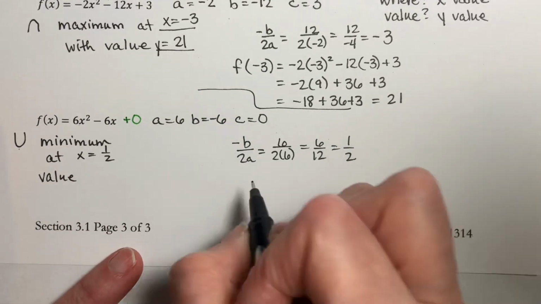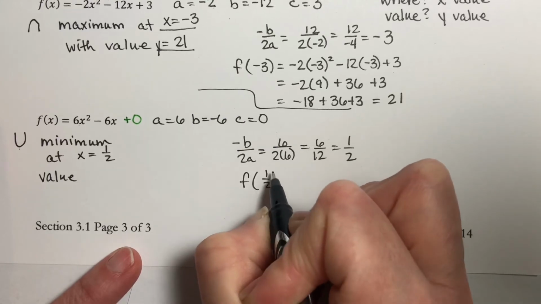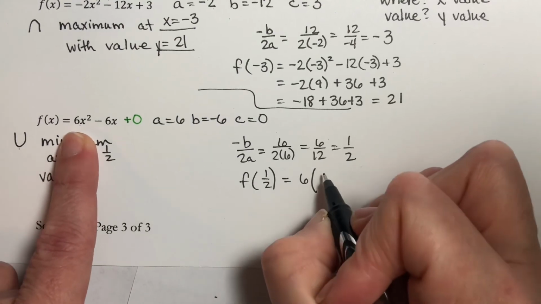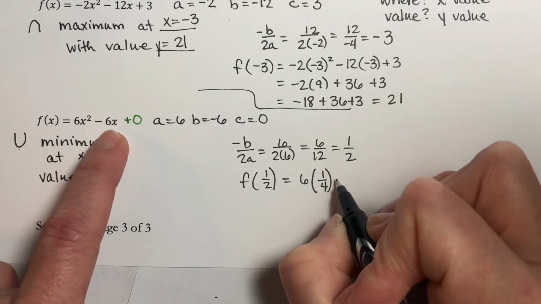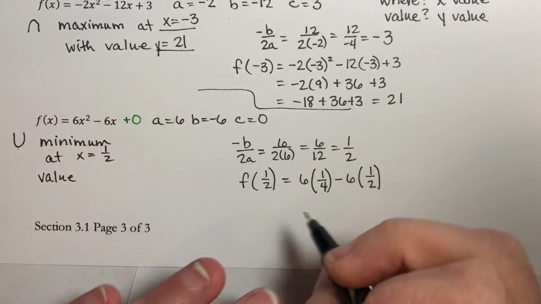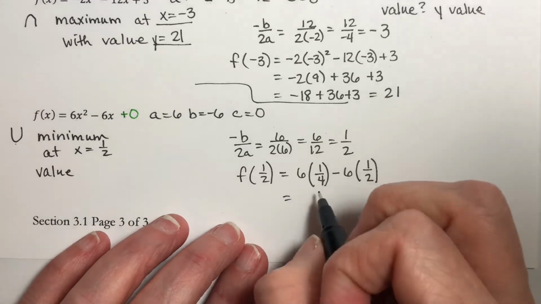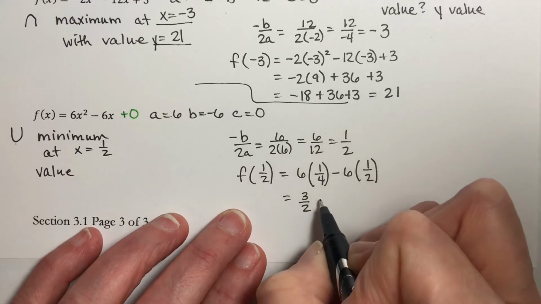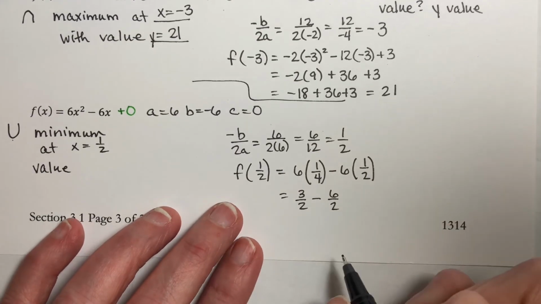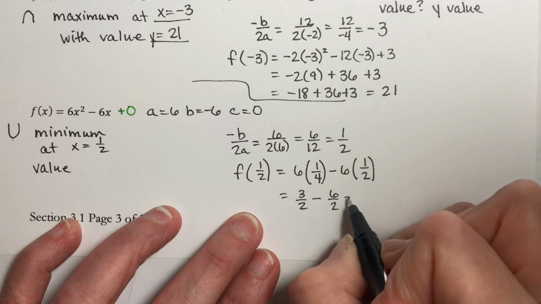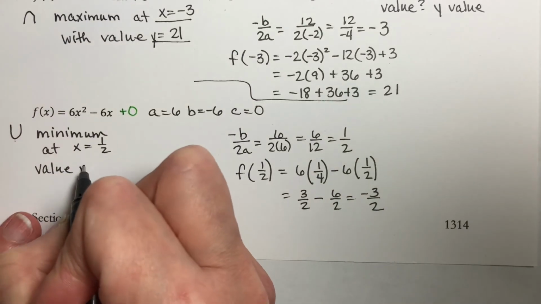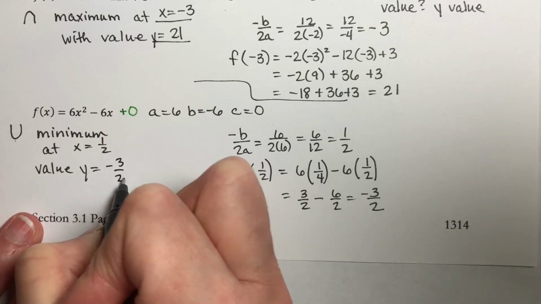Okay, so we need to find f of 1/2, which is 6 times 1/2 squared, which would be 1/4, minus 6 times 1/2. 6/4, which is 3/2, minus, well, I'll just leave that as 6/2, so I don't have to find a common denominator. And then 3 minus 6 would be -3/2. So our value is y equals -3/2.